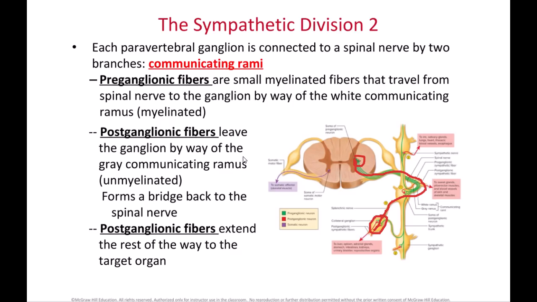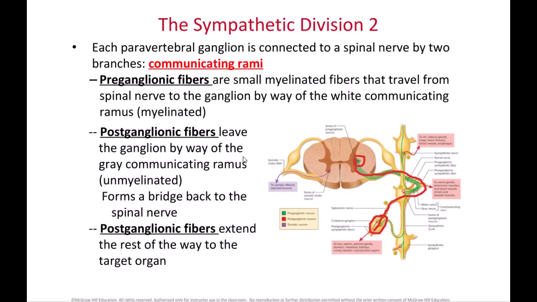Regardless of the path of travel, we're going to have some general terminology. We have a preganglionic fiber, a postganglionic fiber. So when we talk about a preganglionic fiber, this preganglionic fiber is before the ganglion, hence the prefix pre. So it's going to go directly from the spinal nerve to the ganglion.